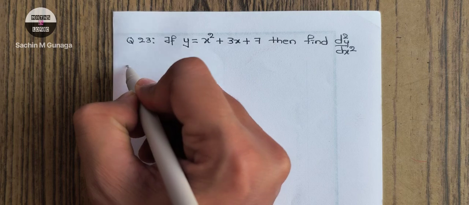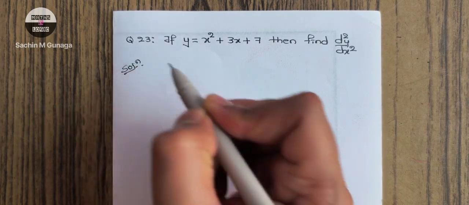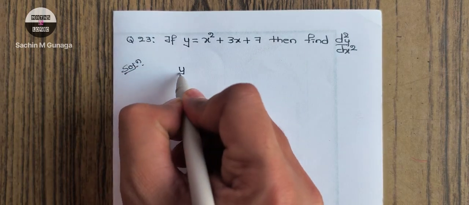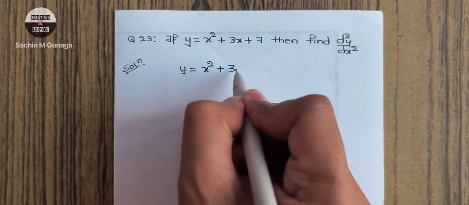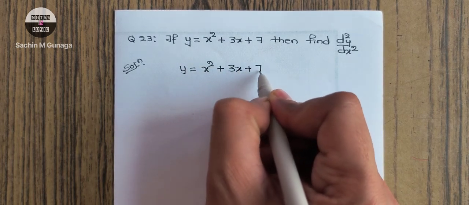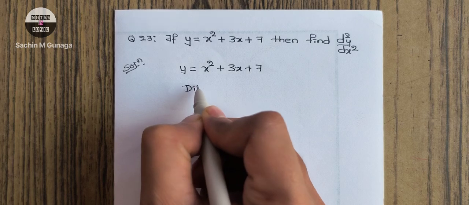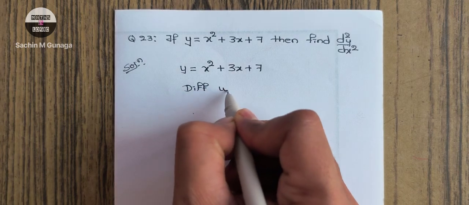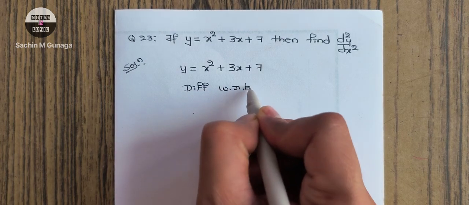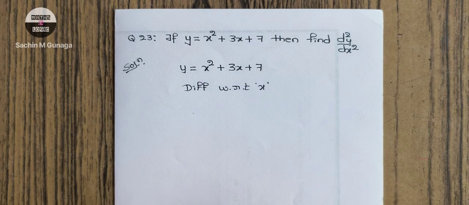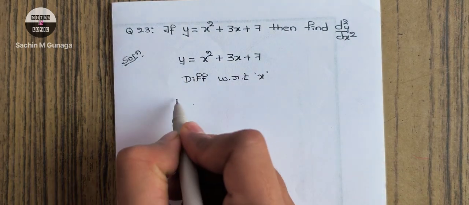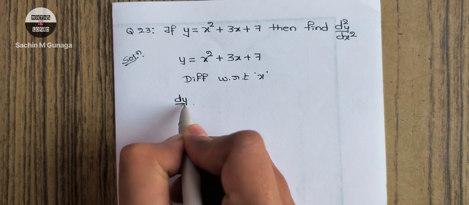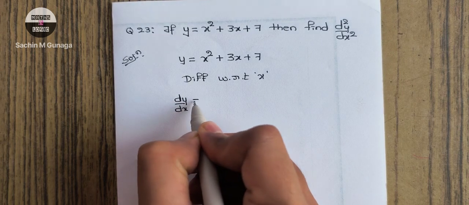Therefore, first take that given function, y is equal to x square plus 3x plus 7. This we need to differentiate with respect to x. Therefore, y differentiation with respect to x is dy divided by dx is equal to.